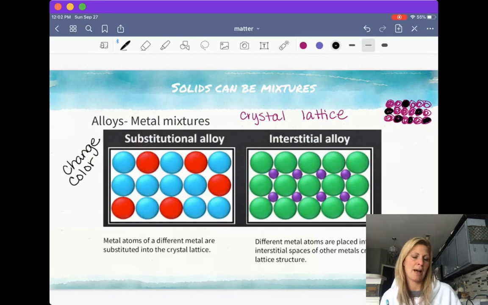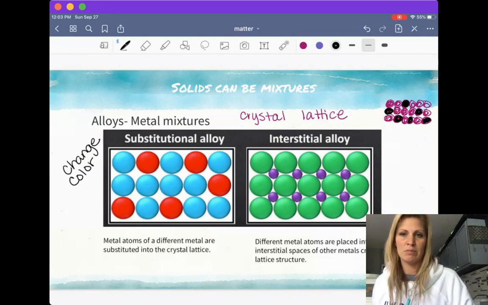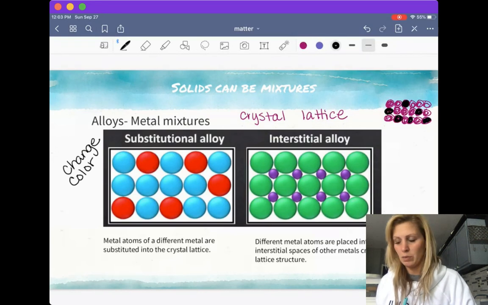Think copper wire, copper sheeting, copper cups, the color of a copper penny. Okay, well, if I go in and I substitute some of those copper atoms with zinc, my color is going to change. It's no longer going to be that reddish brown color. It turns into almost a golden color, so it makes brass. All right, so your substitutional alloys, we're just substituting in a different metal into some of those atom spaces, and it's going to change the color of the original metal.